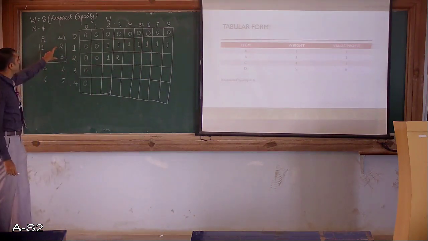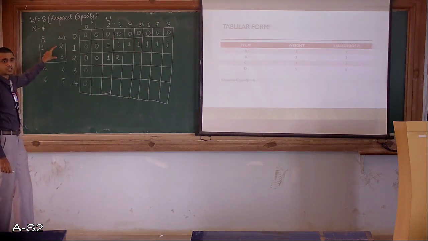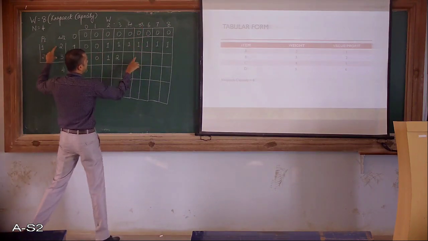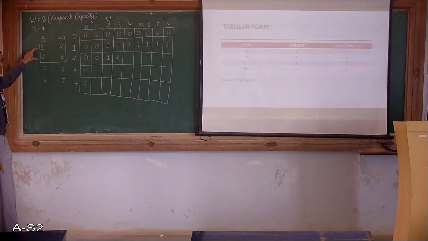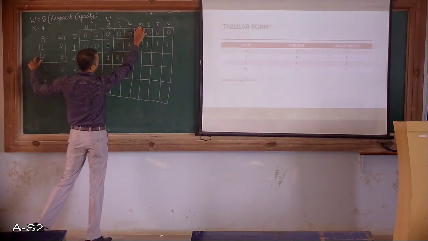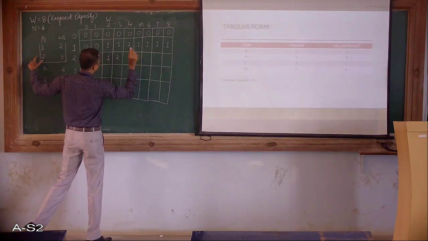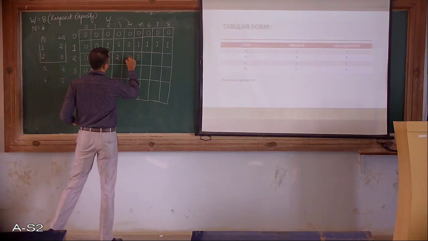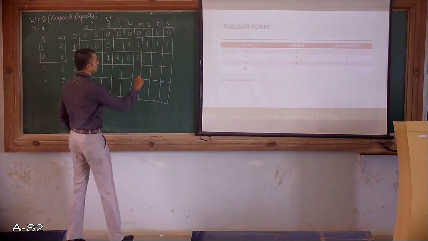So I'll be able to add these 2 objects when the knapsack capacity is 5. So I'll be able to add them here. What are the profits associated with these 2 objects? 2 plus 1, 3. So at this cell, put the value 3. Retain the previous values. What about the remaining?